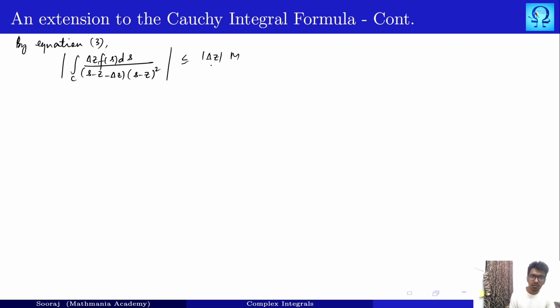That is M, and in the denominator we have (d minus absolute of delta z) multiplied with d squared, multiplied with the length of the contour L. Okay, so all the things are specified, only L is not specified. So that is why we are specifying L is the length of C.